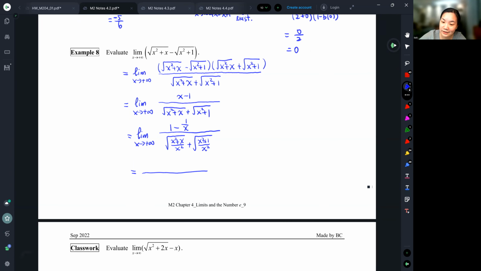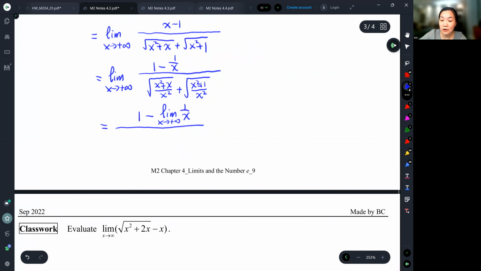Now this time I'll write less. I'll just write 1. I'll write the other one limit. For this one, I will also write inside.